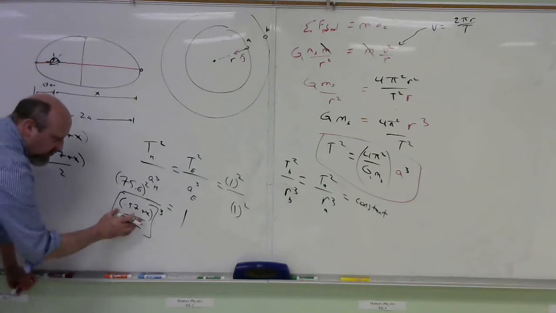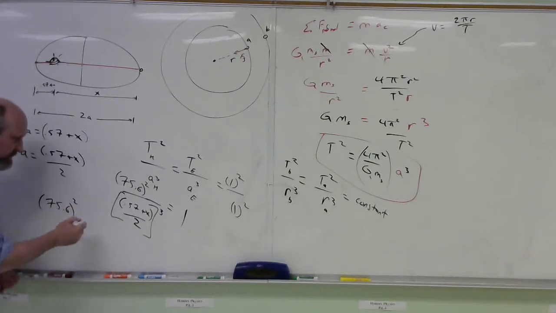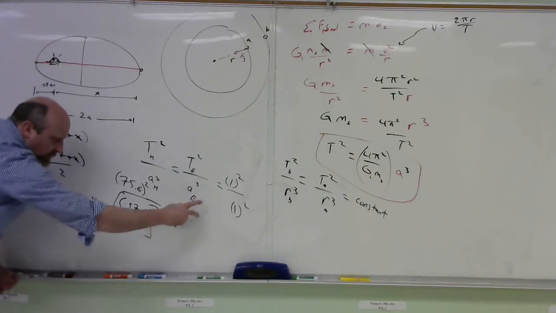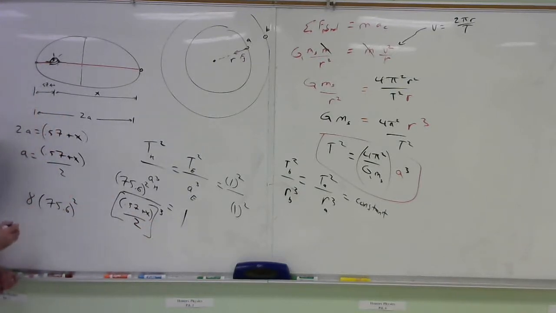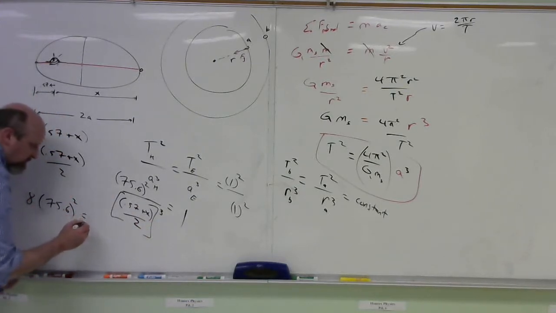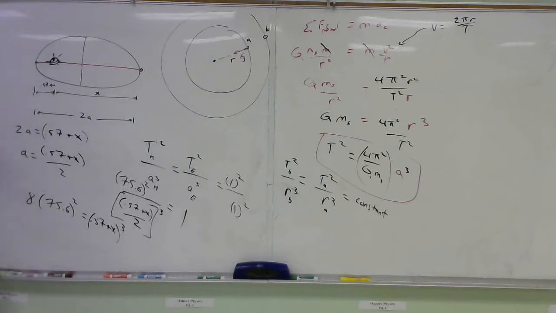So rearranging, just move this to the other term. I'm going to do too many math steps at once. I'm moving this over. I'm going to cube the 2 in the bottom. That'll be an 8, so there'll be an 8 in front there. And that's going to be equal to 0.57 plus x cubed, right?